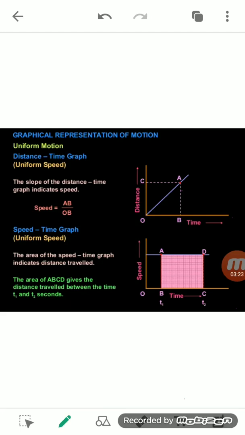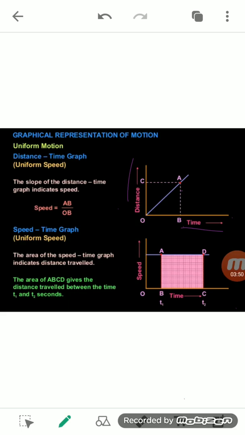so now we will start with the distance time graph. Okay, so this is the distance and this one is the time. Distance we have taken along the y-axis and time we have taken along the x-axis. When a body moves with uniform speed, what does that mean?